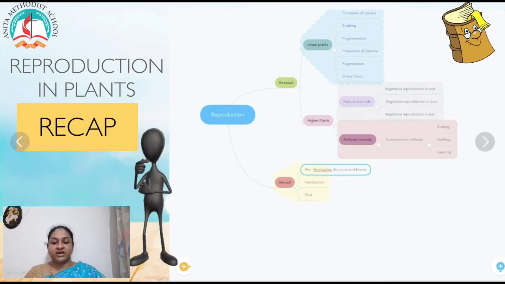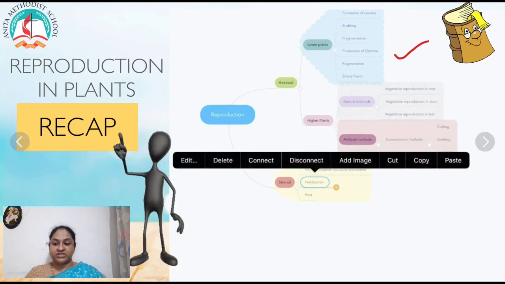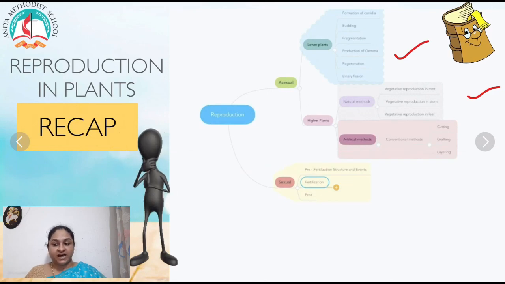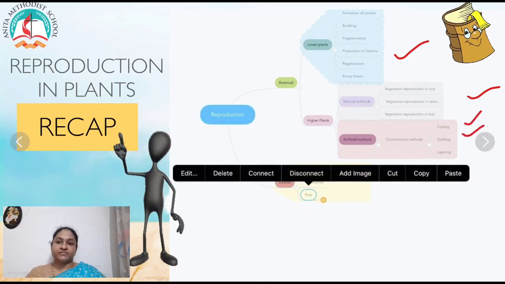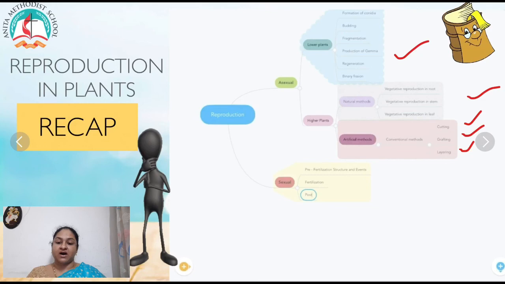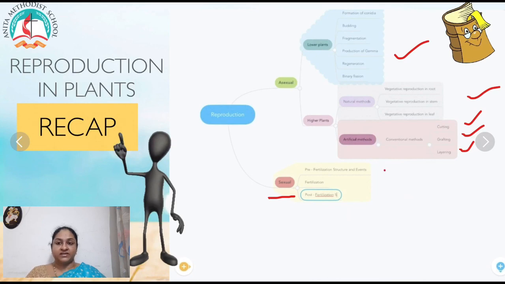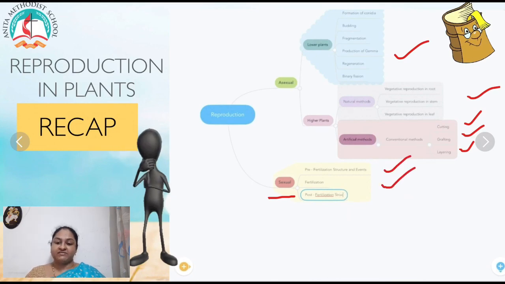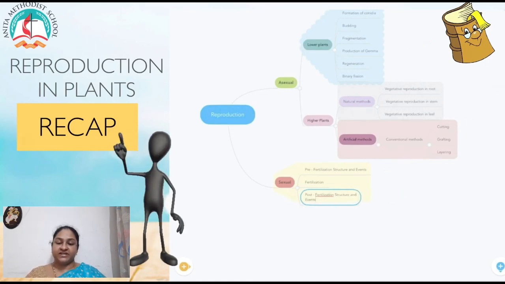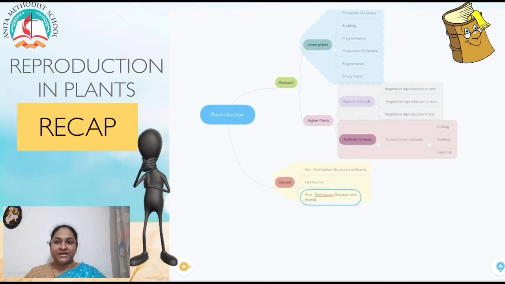And artificial methods, we had conventional methods like cutting, grafting and layering. And we learnt about sexual reproduction, pre-fertilization structure and events, then about fertilization, and finally about the post-fertilization structure and events.